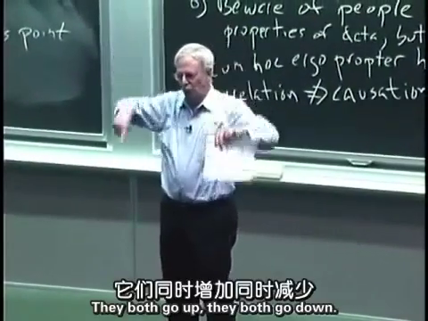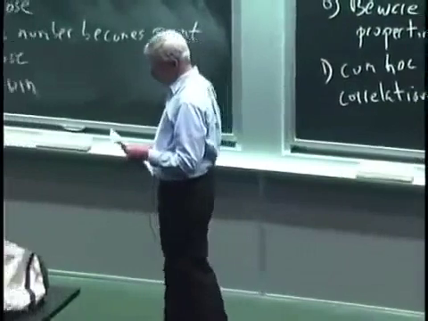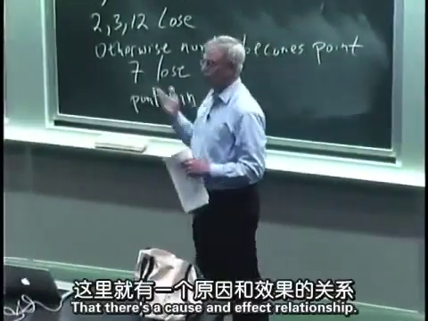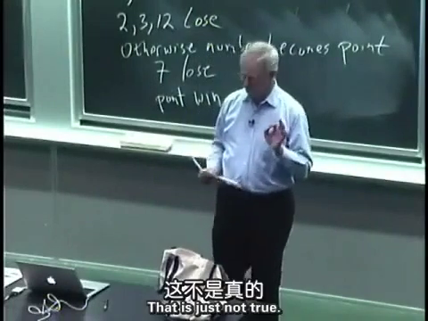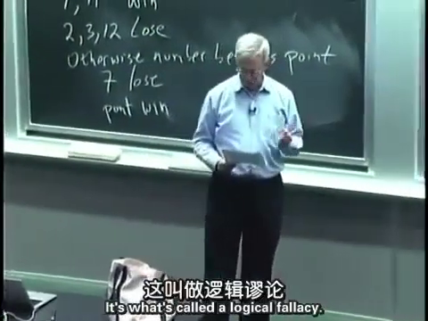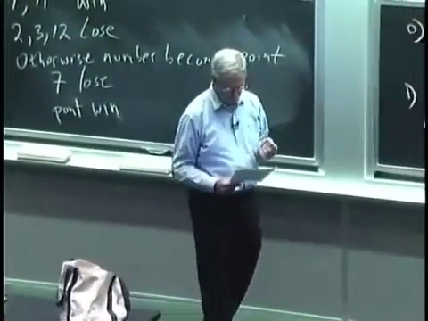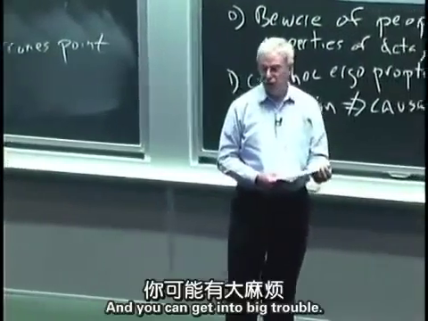They both go up, they both go down, and people jump to the conclusion that one causes the other, that there's a cause and effect relationship. That is just not true. It's what's called a logical fallacy. So we've seen some examples of this, and you can get into big trouble.